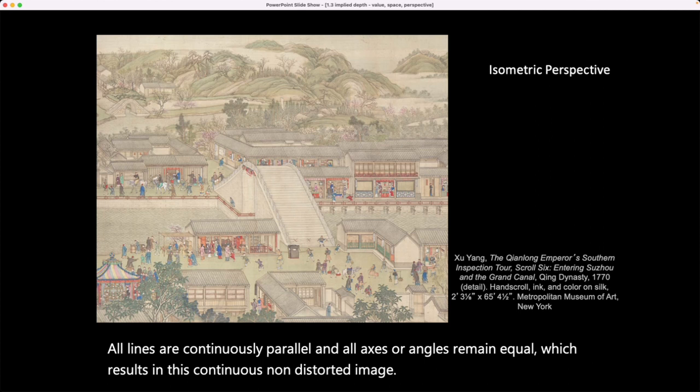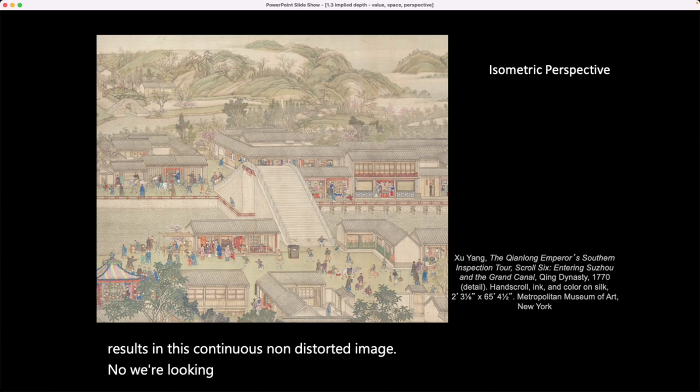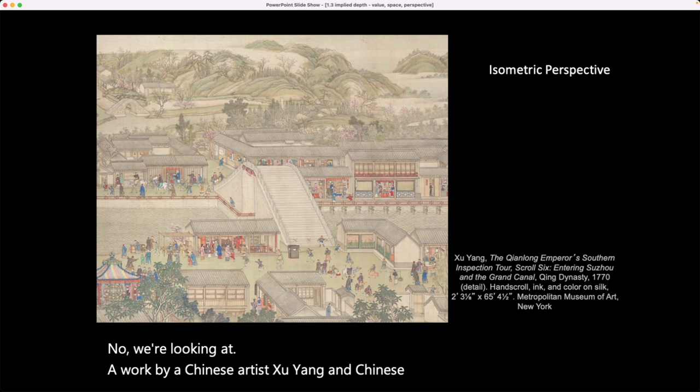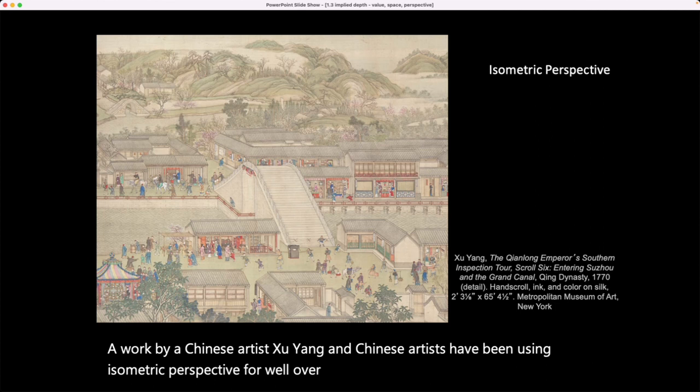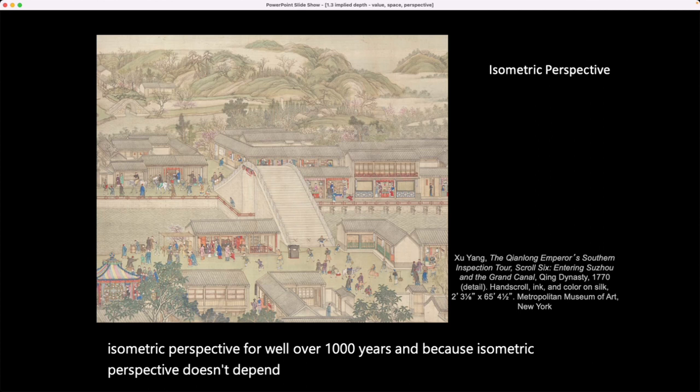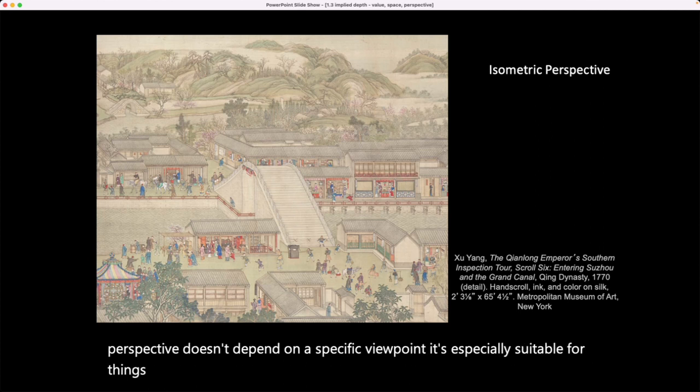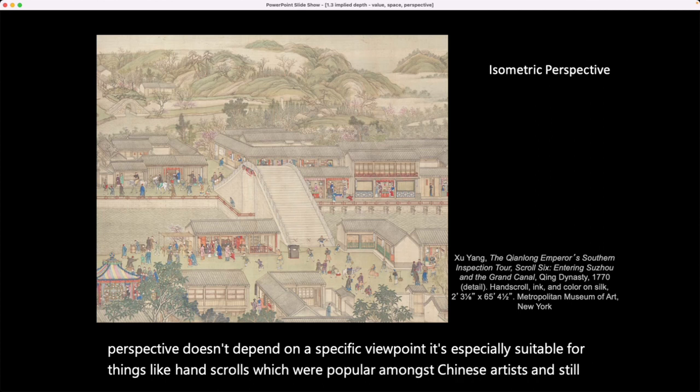Now we're looking at a work by a Chinese artist, Zhu Yang. And Chinese artists have been using isometric perspective for well over 1,000 years. And because isometric perspective doesn't depend on a specific viewpoint, it's especially suitable for things like hand scrolls, which were popular amongst Chinese artists and still are, I suppose.